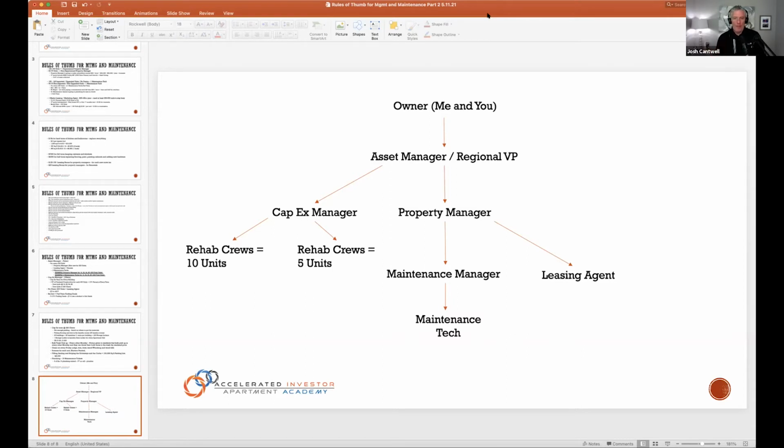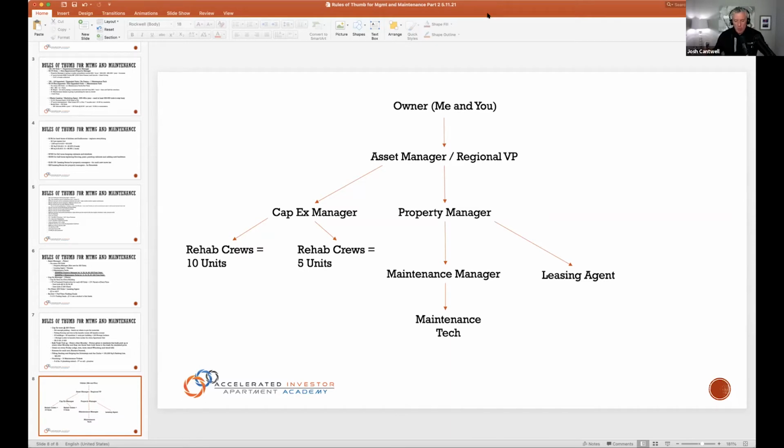On top of that, you pay all the payroll. So you have the payroll for the property manager, payroll for the maintenance manager, payroll for a leasing agent, maybe commissions for the leasing agent, and then payroll for the maintenance techs. What I like about third-party management is they bring in their group. The property manager finds the maintenance manager, finds the maintenance techs, and finds the leasing agent.